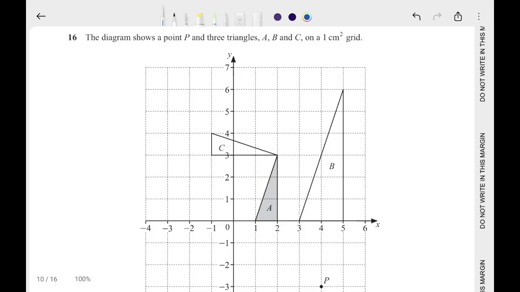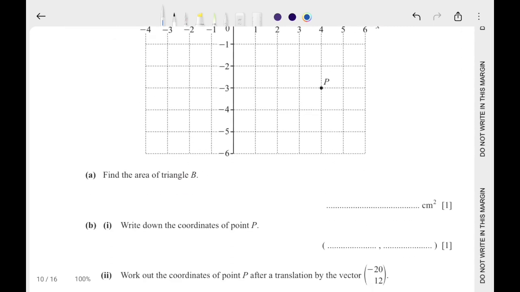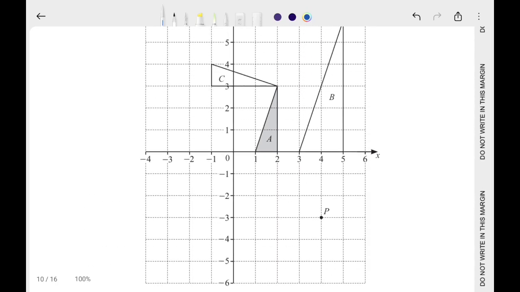The diagram shows a point P and three triangles A, B, C on a 1 centimeter square grid. So let us see. Find the area of triangle B. This is very simple. For this purpose, we can see that this is a right angle triangle.